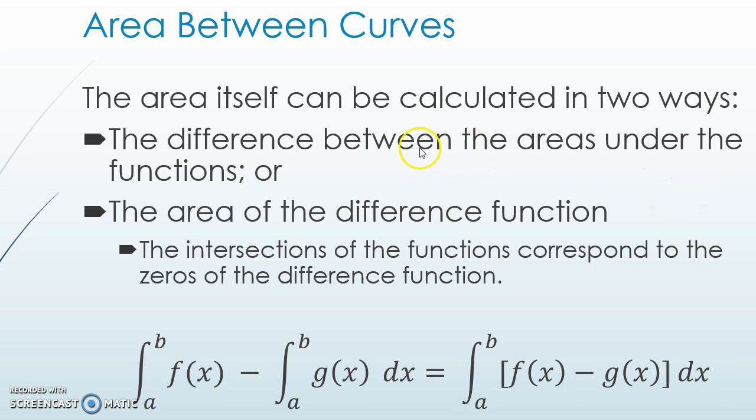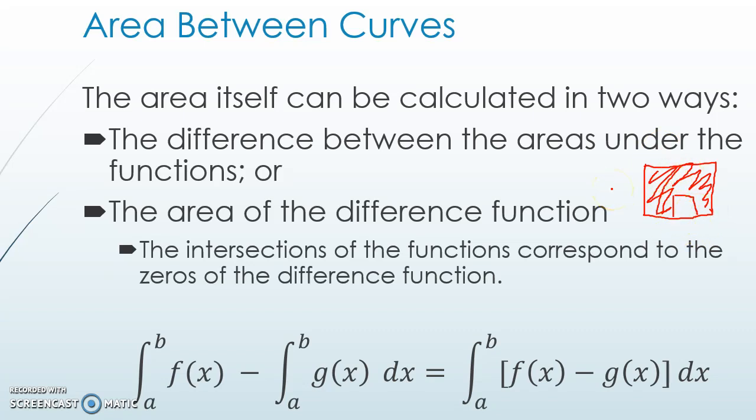We can use the difference between two areas, as you would if you were looking at the area of a rectangle. For example, if we had an area like that, and another area here, and we wanted to work out the area in between those two shapes, we would find the area of the large shape, the area of the smaller shape, and subtract them from each other.